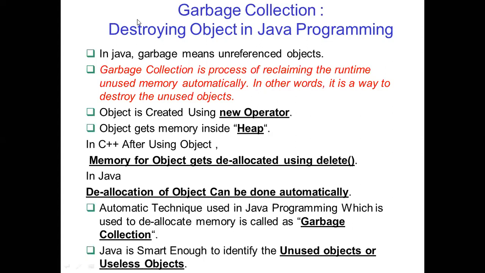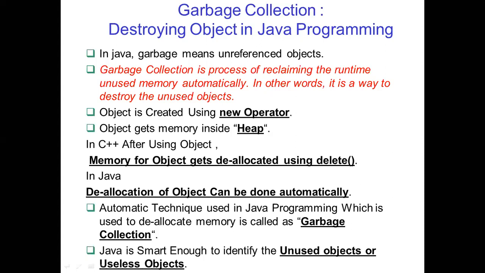Here it is mentioned: garbage collection, destroying objects in Java programming. You can see the first point: in Java, garbage means unreferenced objects that are not helpful for the program. The definition of garbage collection is a process of reclaiming the runtime unused memory automatically.